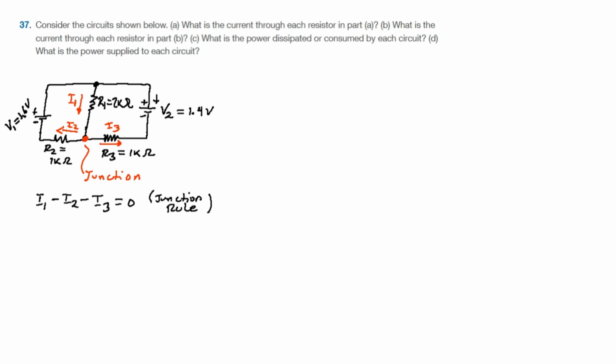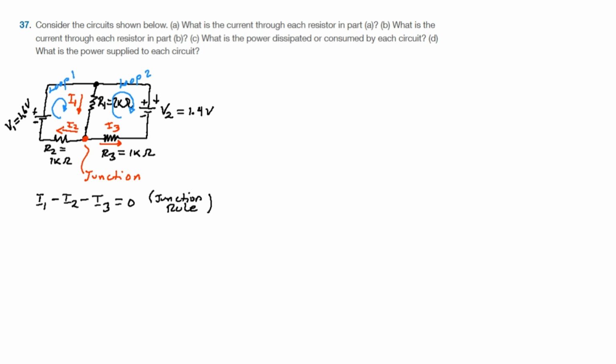And I will take another loop that will be this one. So this will be loop one and loop two. When I take these two loops, I'm sure that I will pass through all the devices connected in my circuit. I will include in at least one loop all the devices connected.